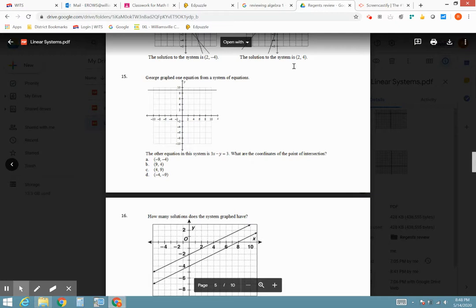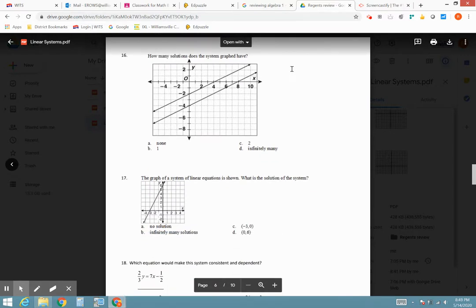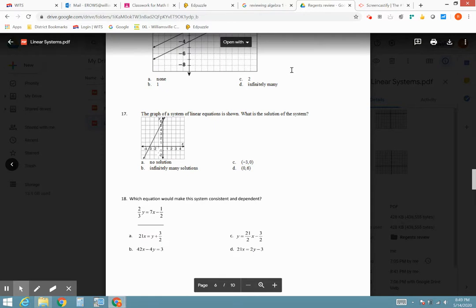Let's do 15. 16. Better get that one right. Ooh, 17 is tricky. The graph of a system is shown, so we're telling you that that's a system. So what choice would you make for that one?